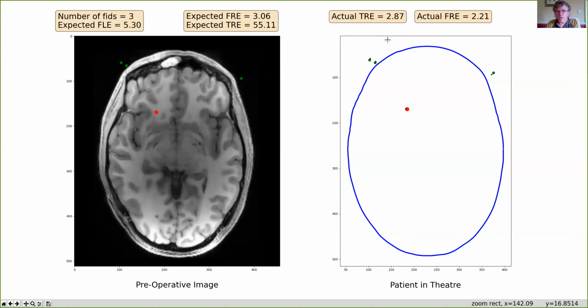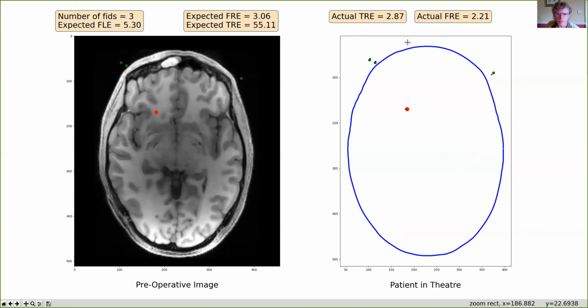But in practice, in theatre, on a real patient, there's no way of actually knowing what the actual TRE is, because to know that, you'd have to know where the target is. If you knew where the target is, you wouldn't need the image guidance system. So we have to use statistics and previous knowledge to try and estimate what the TRE is likely to be.